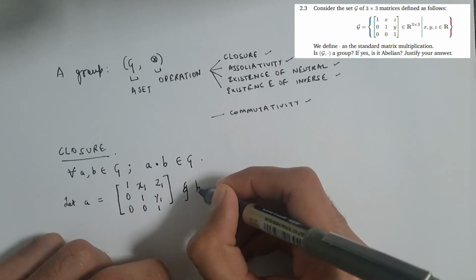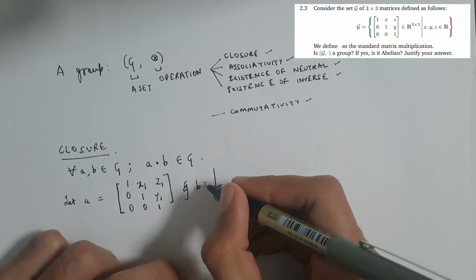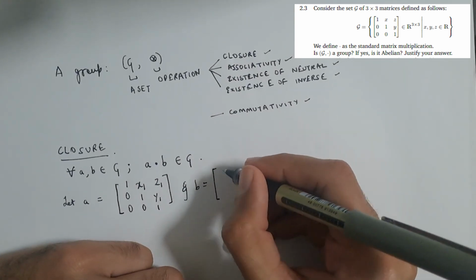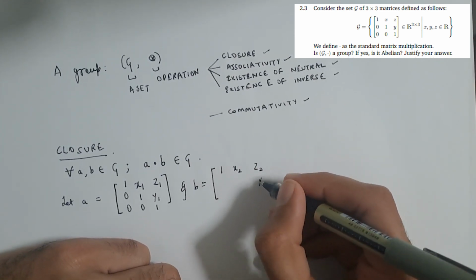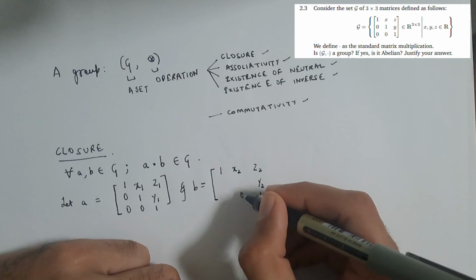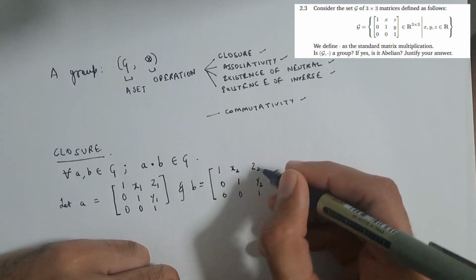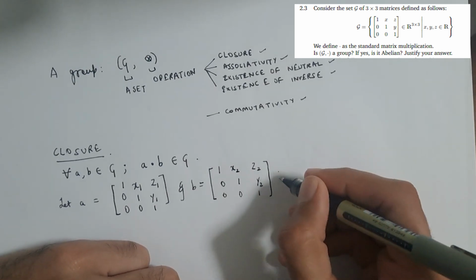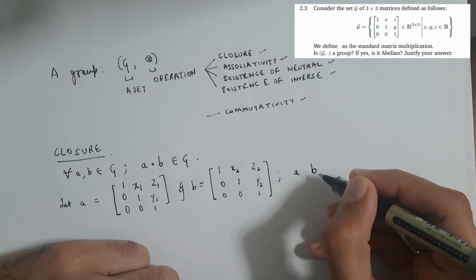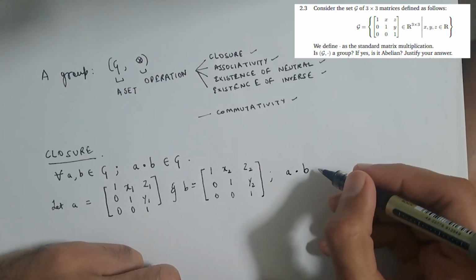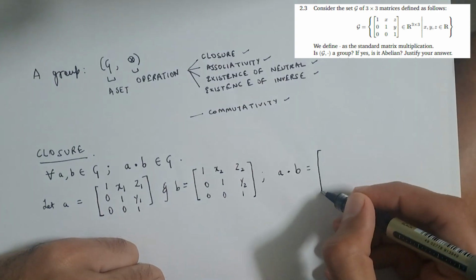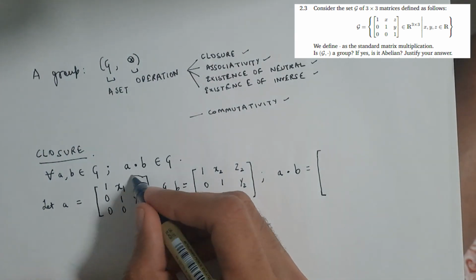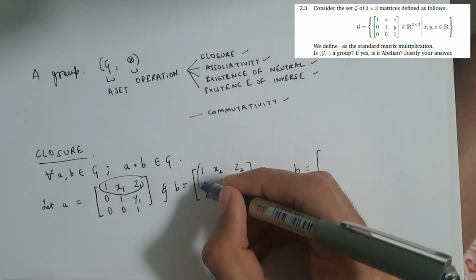And let B equal 1 x2 z2, 0 1 y2, 0 0 1. Then we do this, that is A dot B. If you do this, remember the dot product multiplies this with this.